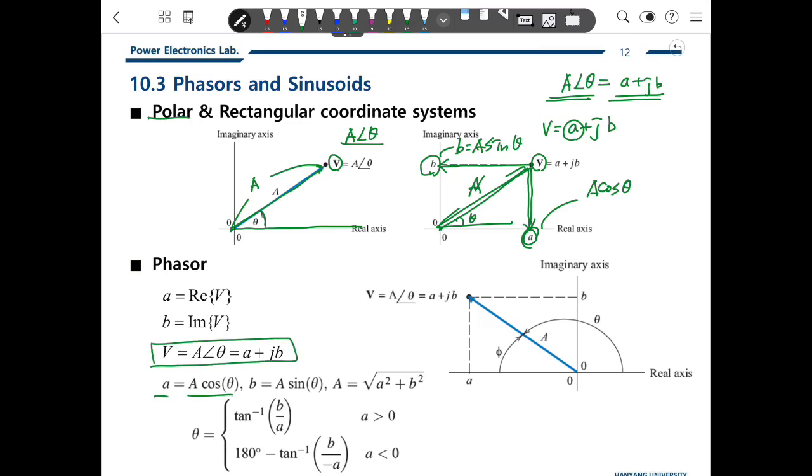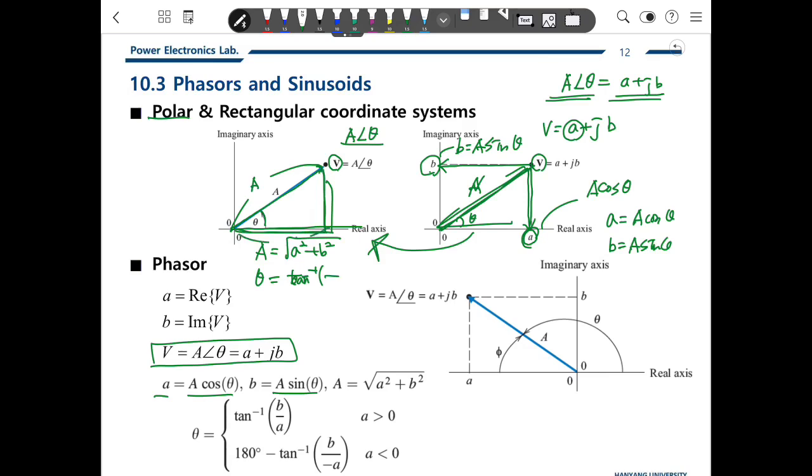Conversely, from the rectangular form we can calculate the magnitude: A is root of A squared plus B squared, and theta is the arctangent of B over A.